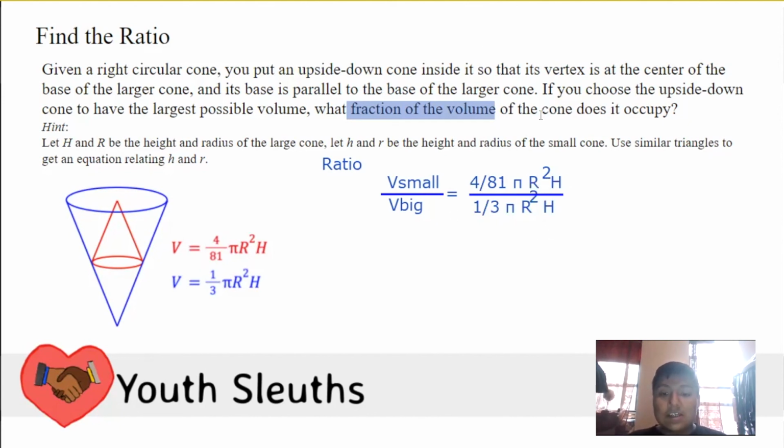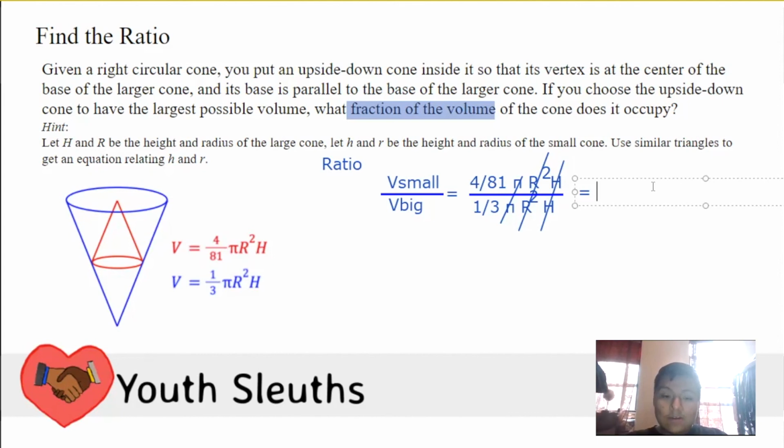So if we take a look here, thankfully, most of the things here cancel out. The big H and the big H cancel out. The big R squared, they cancel out as well. The pi's, they also cancel out. So what we're left with is two numerical values being divided by each other.